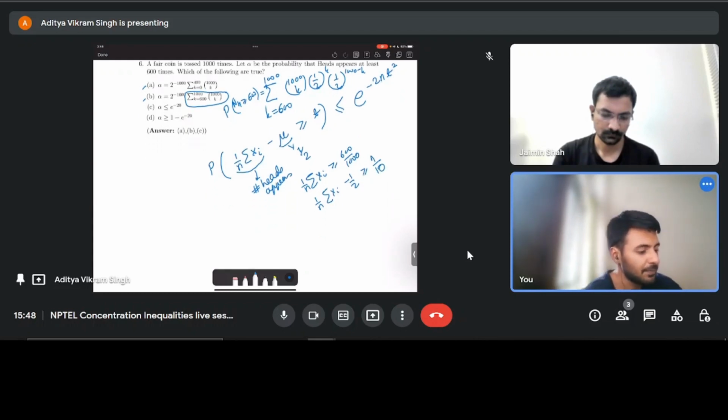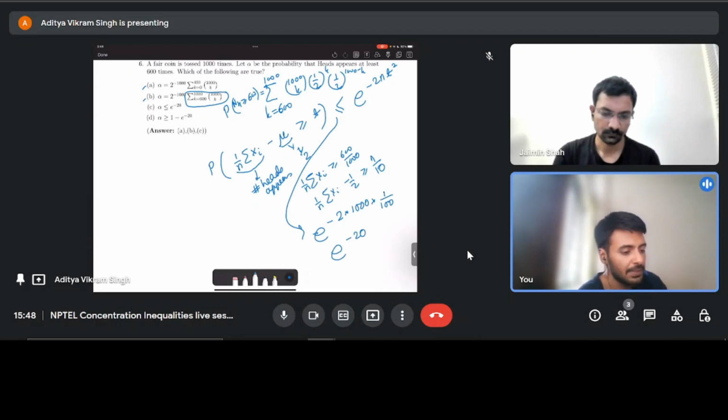And this Chernoff bound gives you that this probability is then e power minus 2 into n, which is 1000, into t square, so 1 by 100, which gives you e power minus 20.